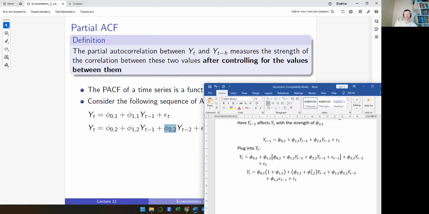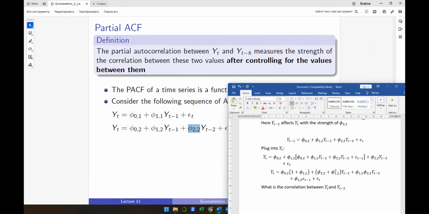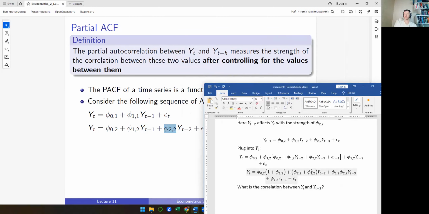So now, what is the correlation? So not partial autocorrelation, but the correlation between y t and y t minus 2. So this is simply this part.